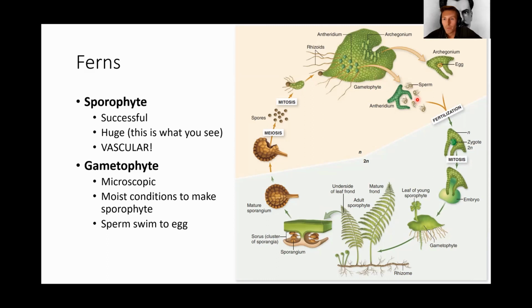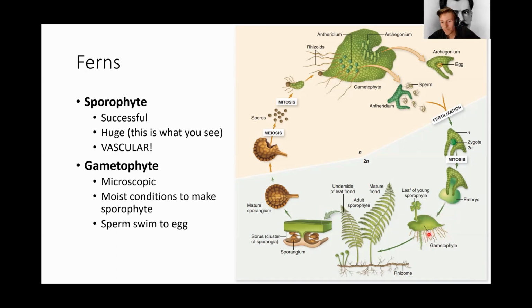Antheridia will make sperm, archegonia will make eggs. Sperm will go to the egg, fertilize it, and you'll be good. All the antheridia are located up here, so the sperm goes down to the egg. They swim through the water, try to find an egg, and they meet up, make a zygote, and turn into an embryo called the sporophyte.